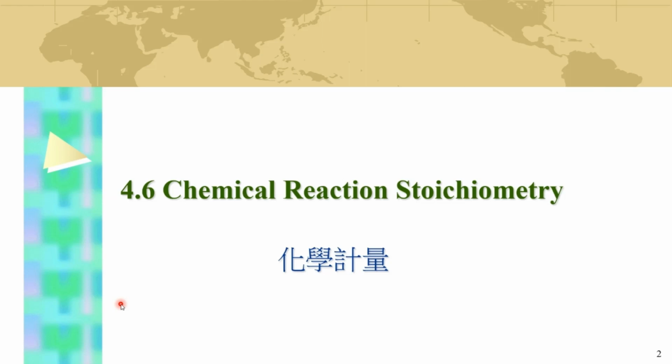But before we talk about this, section 4.6 is about chemical reaction stoichiometry. I'm sure you have learned this in high school, but let's have a quick review of chemical reaction stoichiometry. After that, we move to mass balance including chemical reactions.